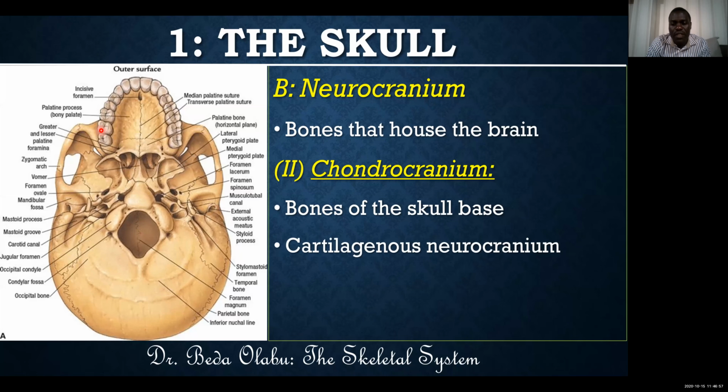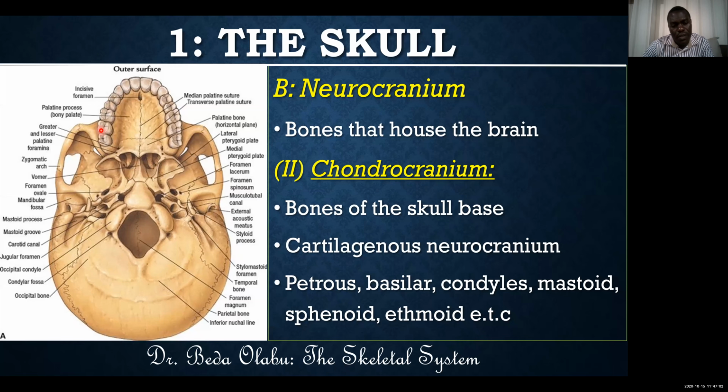There are many bones in the skull base. This is the petrous bone. It is part of the temporal bone. This is the basilar bone. It's part of the occipital bone. These are the condyles, which are part of the occipital bone. Mastoid bone, part of temporal bone. Sphenoid is a standalone.